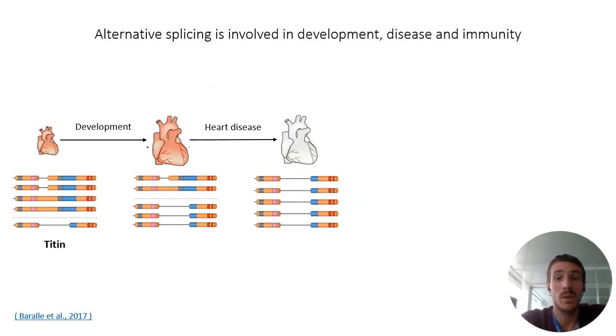Alternative splicing has been widely studied and shown to be influential in biological processes such as development. It's very illustrative, the example of the titin gene, which is the longest protein we find in our body and is responsible for conferring elasticity to our heart cells.